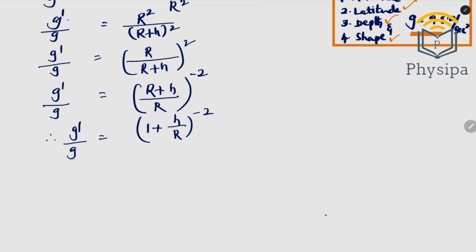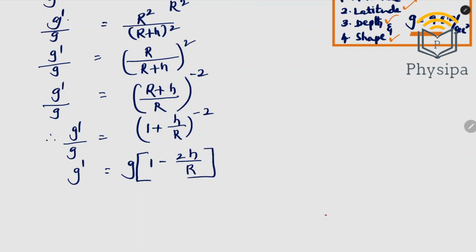Now move the g term to the right hand side, then we get g dash, the acceleration of the satellite at height h, is equal to the acceleration of the object at the surface of earth into 1 minus 2h by r.